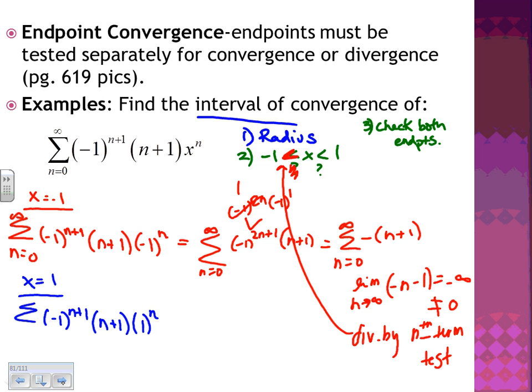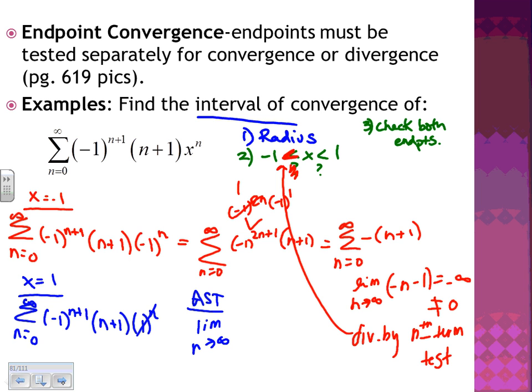Do you even care about 1 to the n? Nope, that's just 1. So what test do you want to use? Let's use the alternating series test. The limit as n goes to infinity, do I put absolute values, Nate? No, I do not.